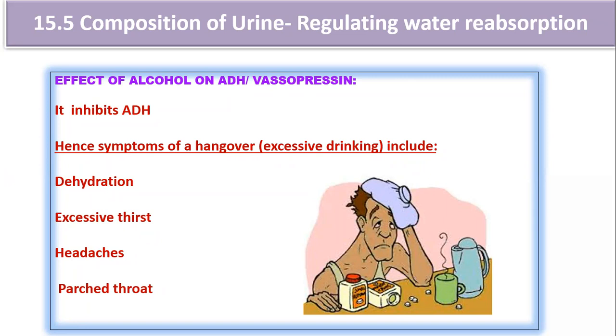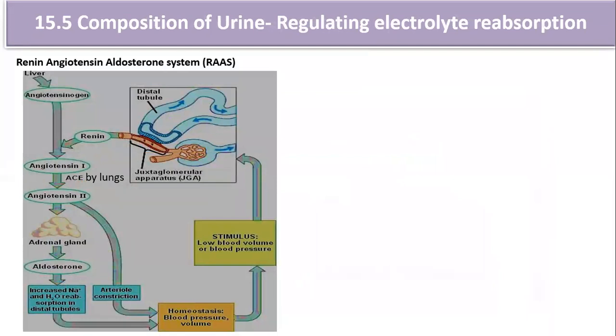Coming to the other mechanism that we are going to talk about, that is RAAS, the renin, angiotensin, aldosterone system.